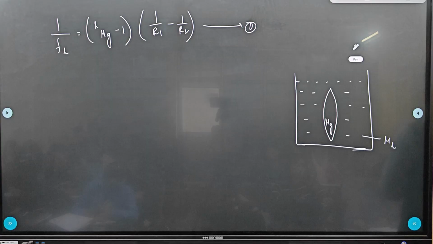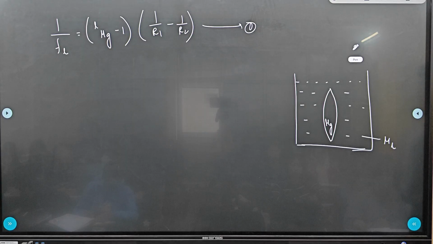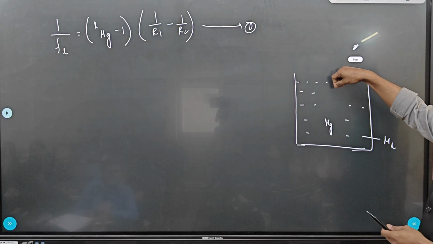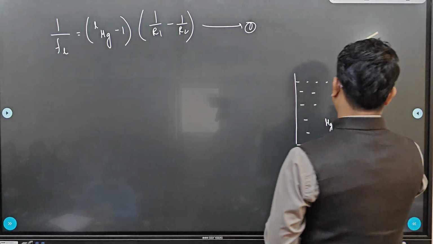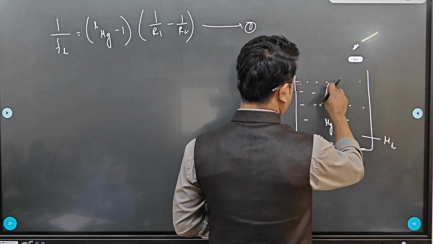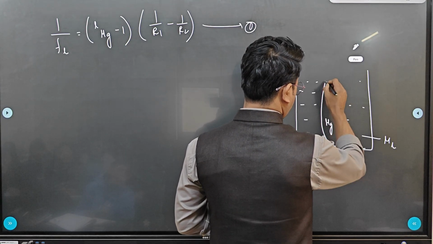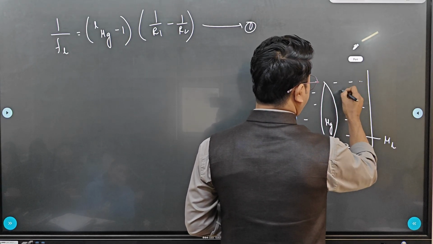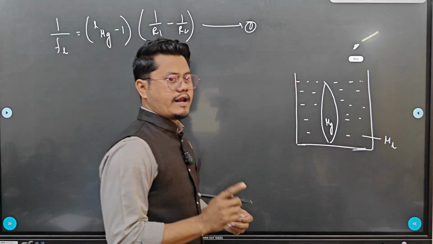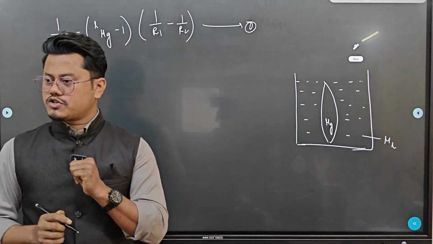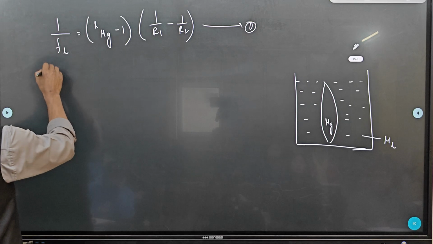Okay, now you tell me, if the lens is in air, then the light will be entering from air to glass or not? If I just take out this lens and place the lens in air, then the light will be entering from air to glass or not? So I can write in air.